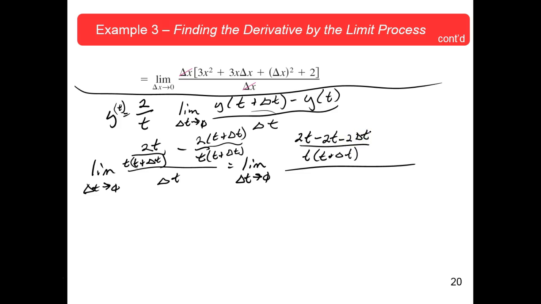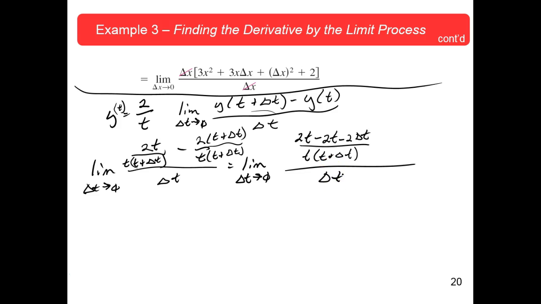Is that okay to do it that way? I just didn't want to write everything again. The 2t is up here from there. This is minus 2 times t, that would be minus 2t. This is minus 2 times delta t. Right? Okay, and that's all over delta t.